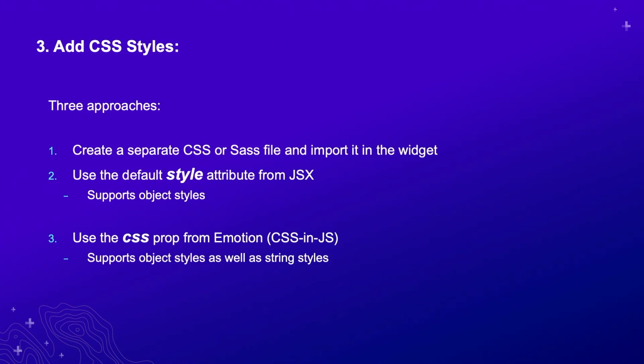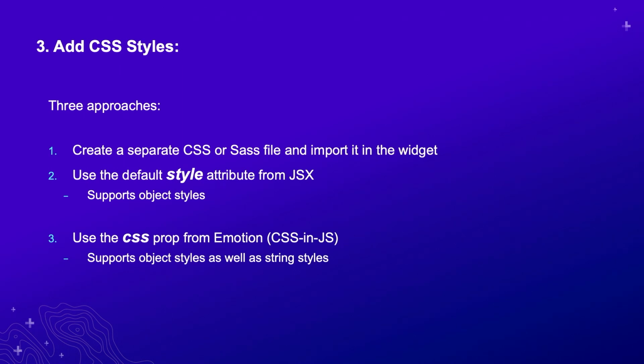Last one is to add the CSS styles. There are basically 3 approaches to do so in Experience Builder. First one is to create a separate CSS file. You can add the styles in those files and import the file as a module inside of the widget.